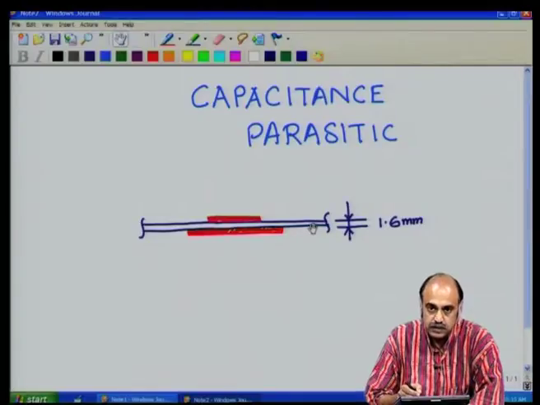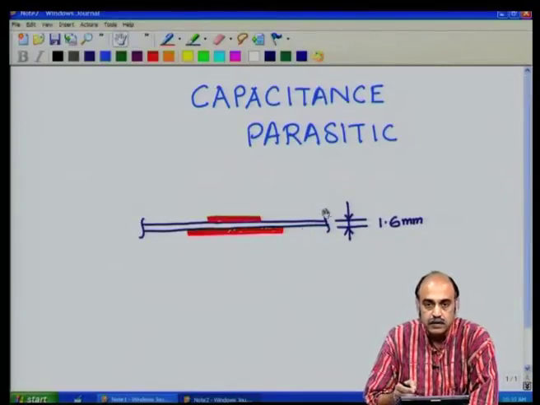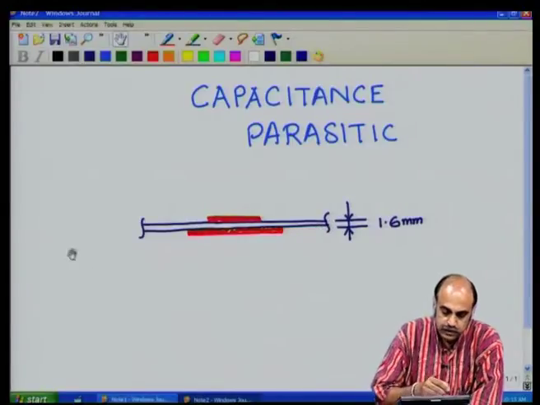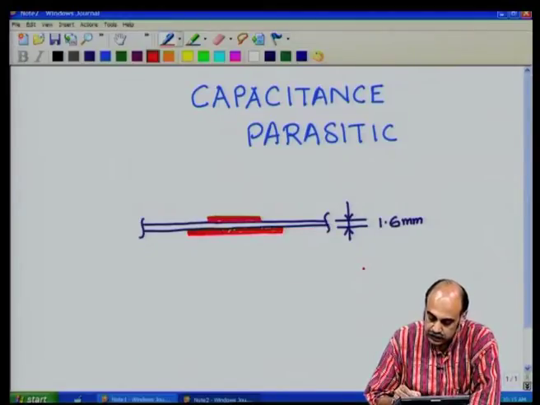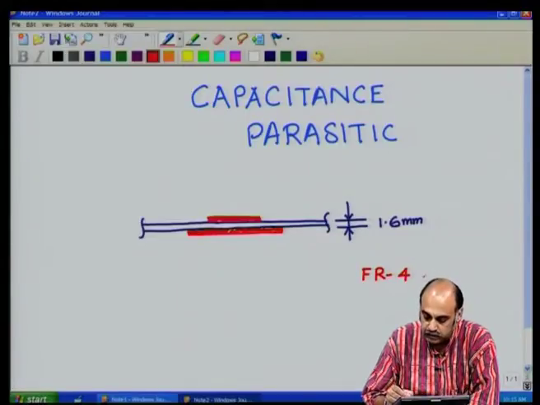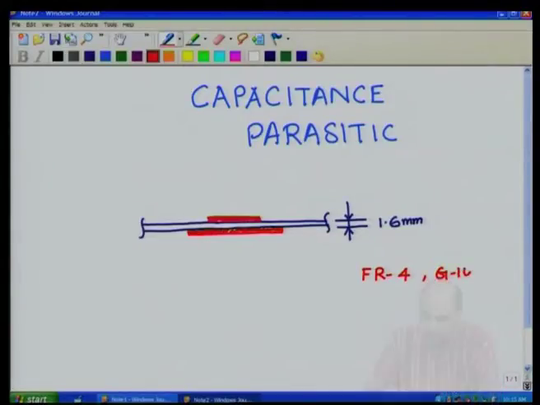The dielectric constants are different for different materials, and for most printed wiring board materials, for example the FR4 type or even the G10 type of boards, you have an epsilon r, the relative dielectric constant, of around 5.4.